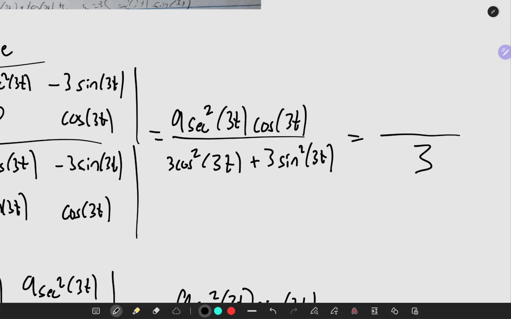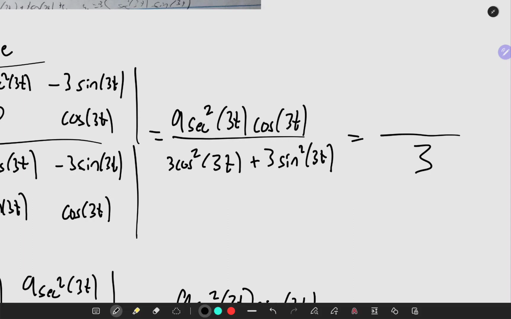Actually, where's my u1 prime? That's all the way down here. Secant squared cosine 3t. Oh, I just kept it like that? Why would I do that? Oh, okay, I see. Well, yeah, you could do that.